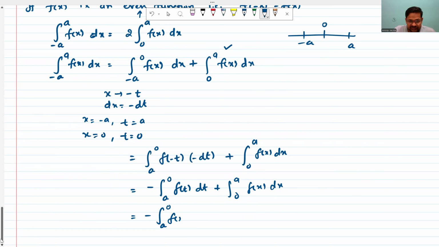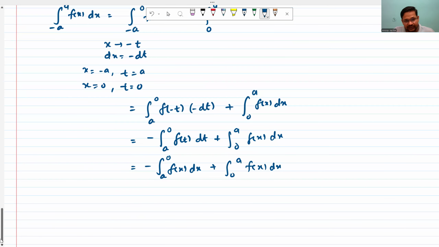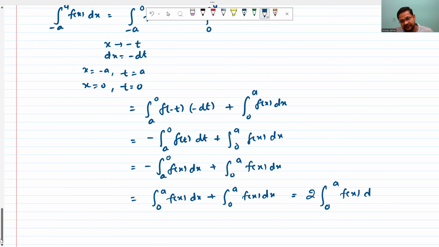So this is f(x) dx from 0 to a, and when you interchange these limits, it becomes plus from 0 to a of f(x) dx, and this is plus from 0 to a of f(x) dx. This is 2 times the integral from 0 to a of f(x) dx.